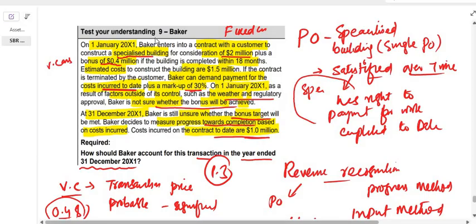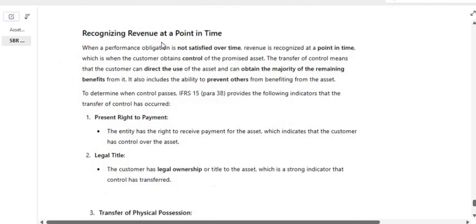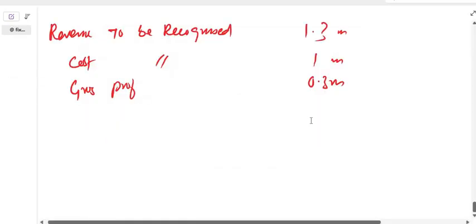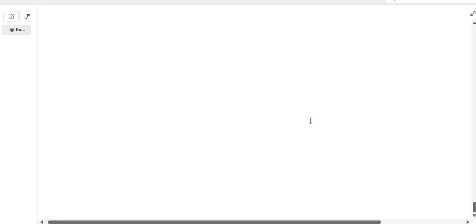Now let's move on. We have another interesting concept, and that is recognizing revenue at a point in time. Clear? First let me explain and then we will check here.